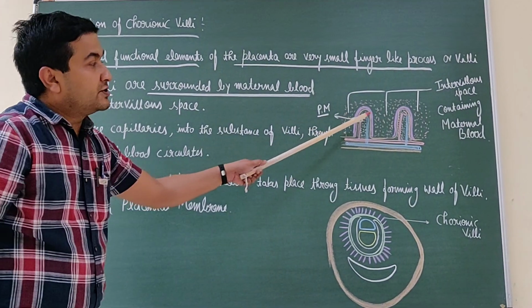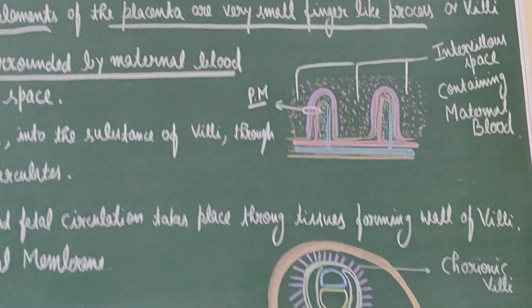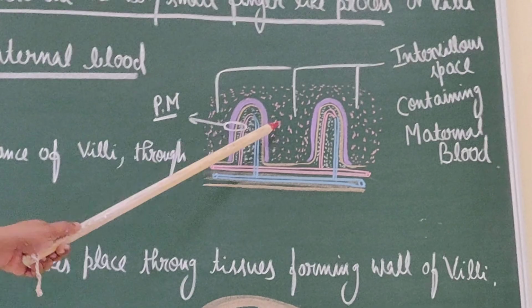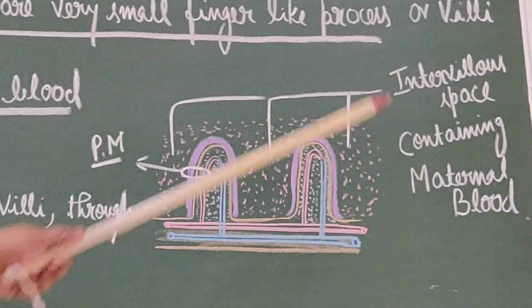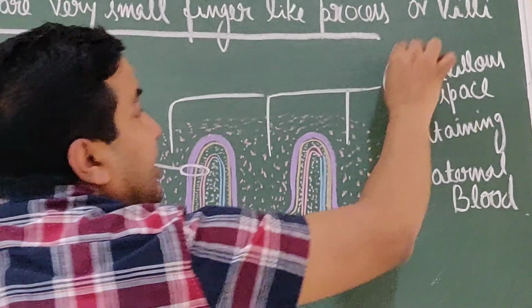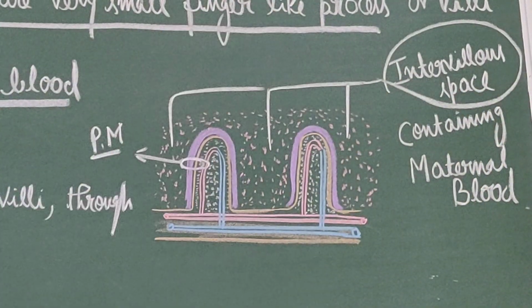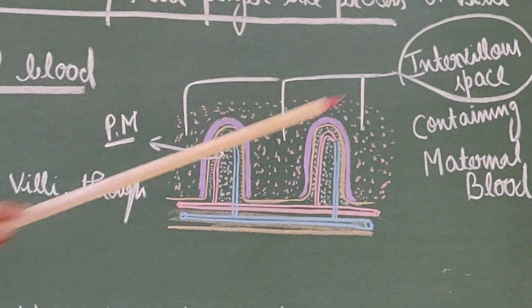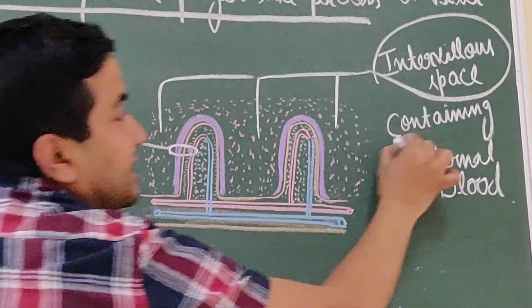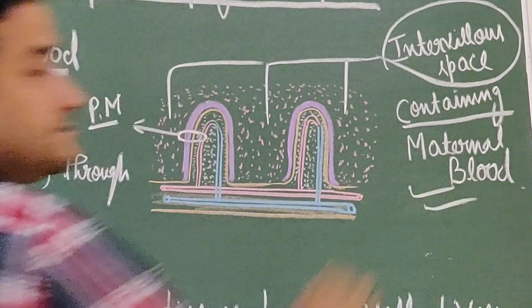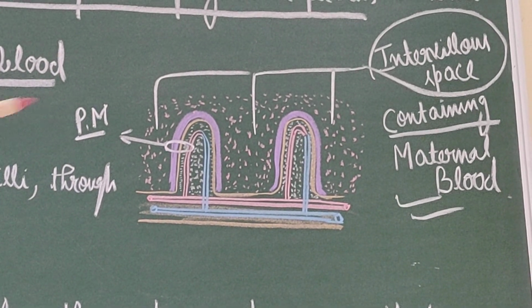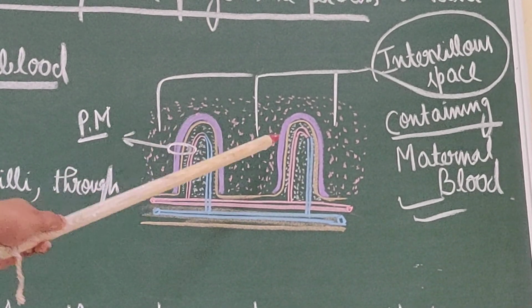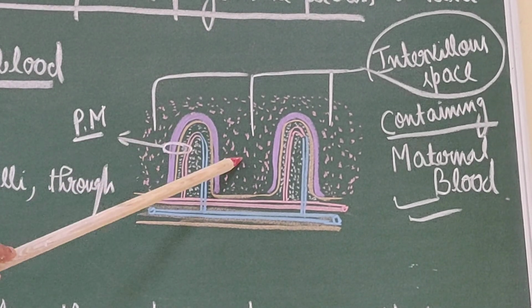Now these are the two villi in the diagram, and this is the space. This space is known as the intervillous space, and this space contains the maternal blood. Means these villi are surrounded by the maternal blood.